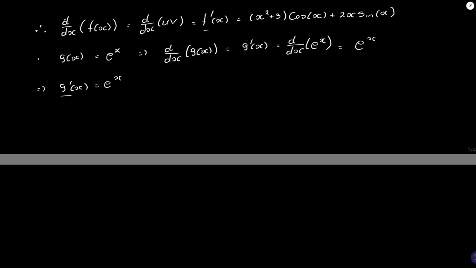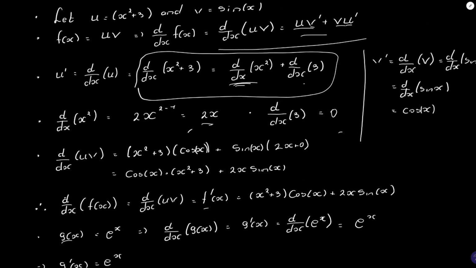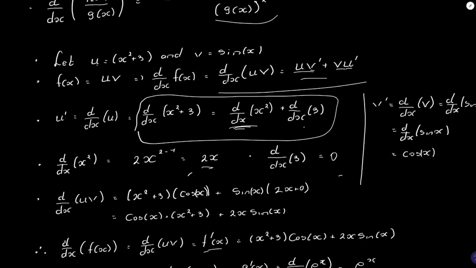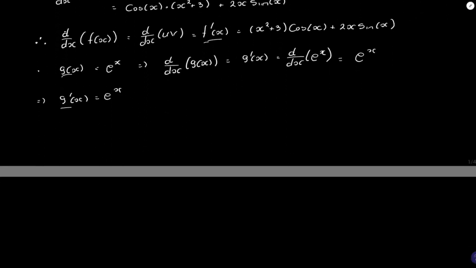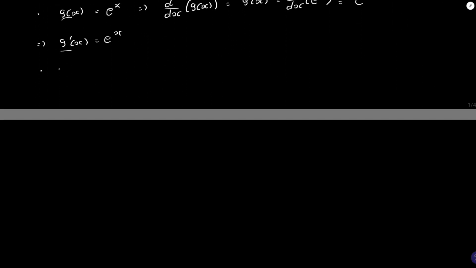So now we have our g prime of x, we have g of x, we have our f prime of x, we have f of x. So what do we do? We replace in this formula. Sorry, we don't yet have g squared. Let's calculate it first. Now g of x, all that squared, gives us e^x squared, which gives us e to the 2x.